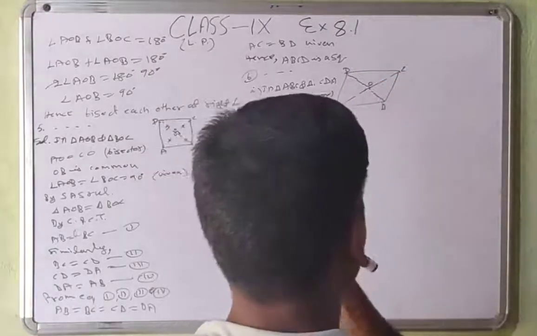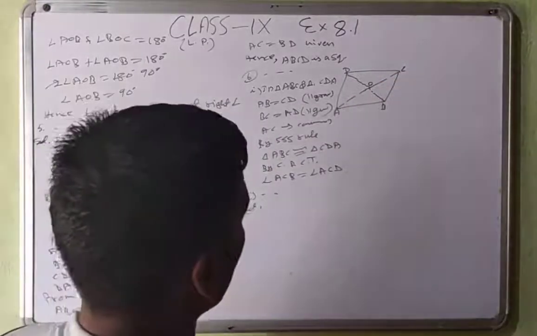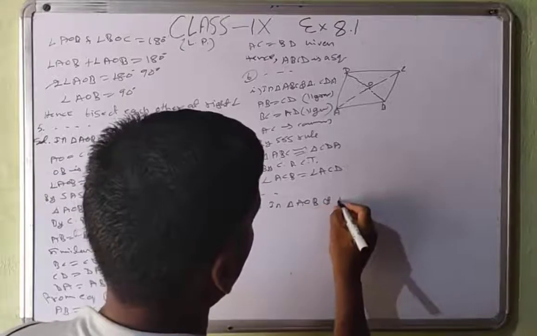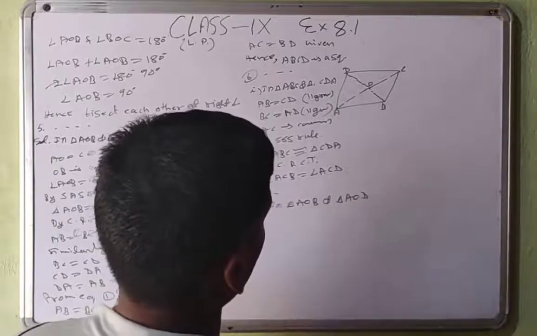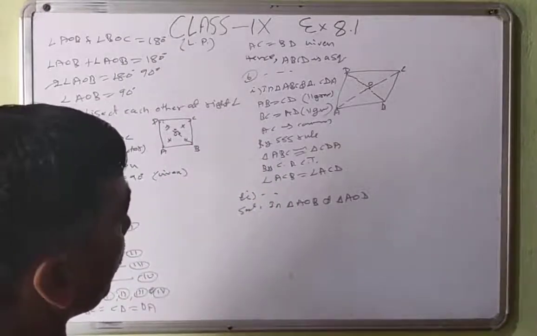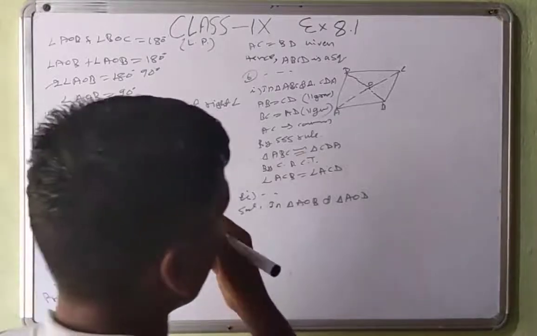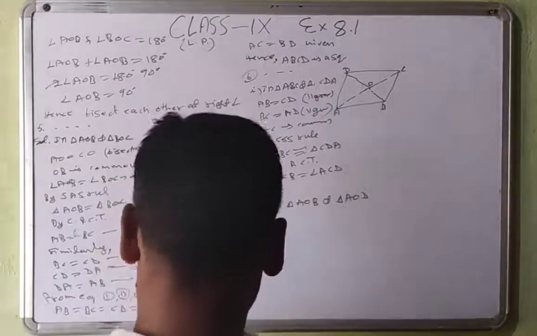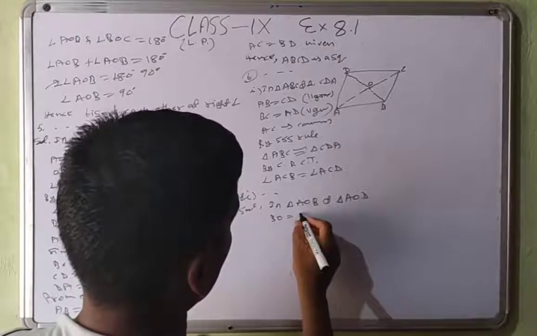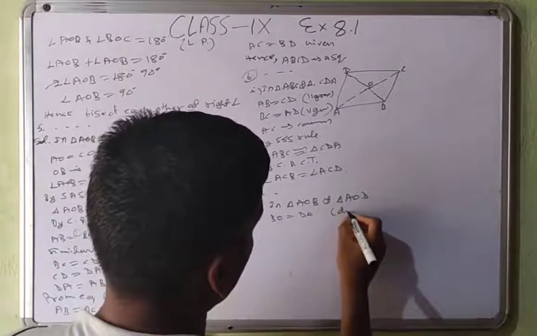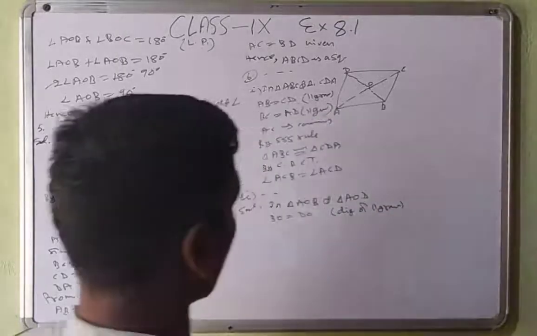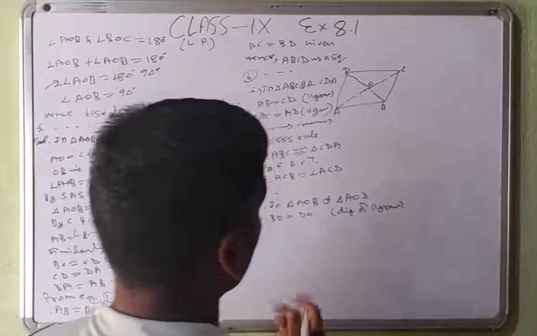Take O. Now in triangle AOB and triangle AOD, BO is equal to DO by diagonal of parallelogram, because diagonals of a parallelogram bisect each other.